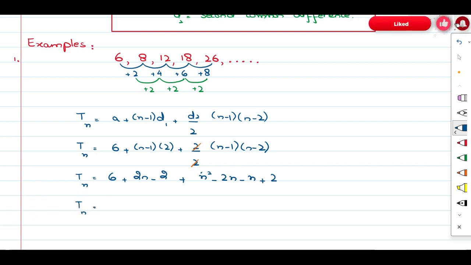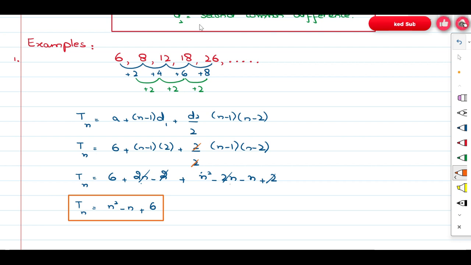So we have the n square term, then the n terms: 2n and minus 2n cancel out, leaving just minus n. Positive 2 and negative 2 also cancel out, leaving just 6. This is the nth term formula for the above quadratic sequence.